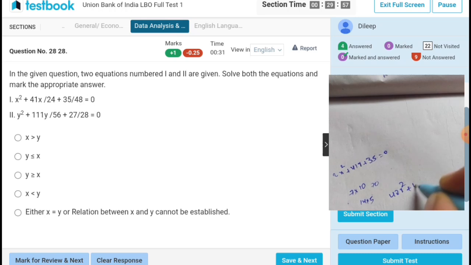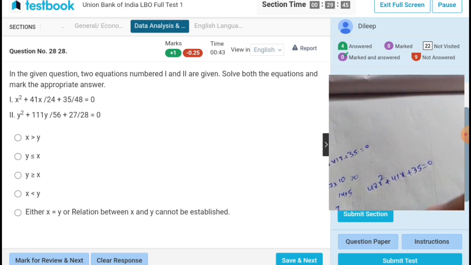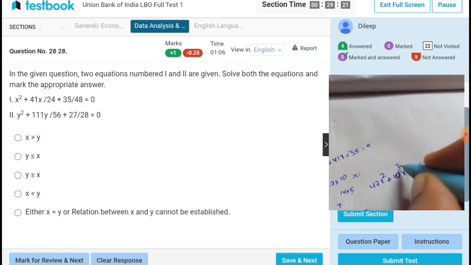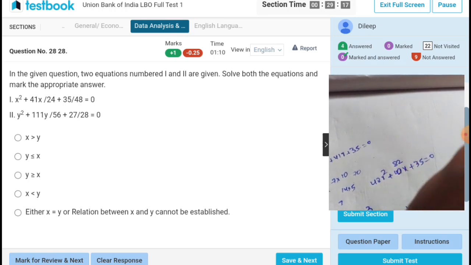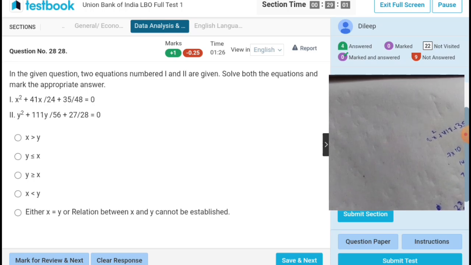So 48x square plus 41x plus 35 equal to 0. $60. 82. $56 y square plus 11y 0.